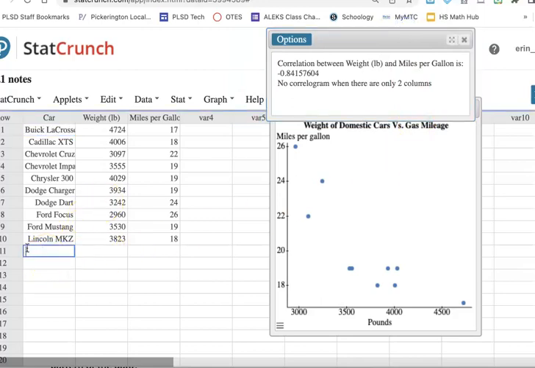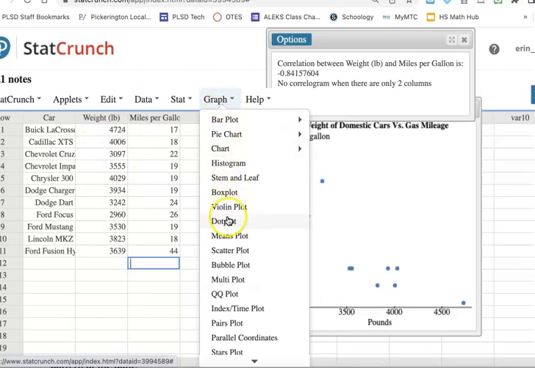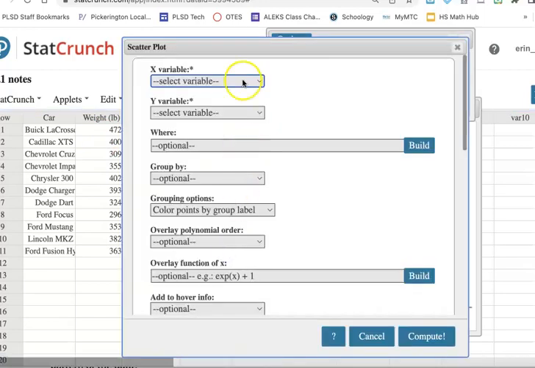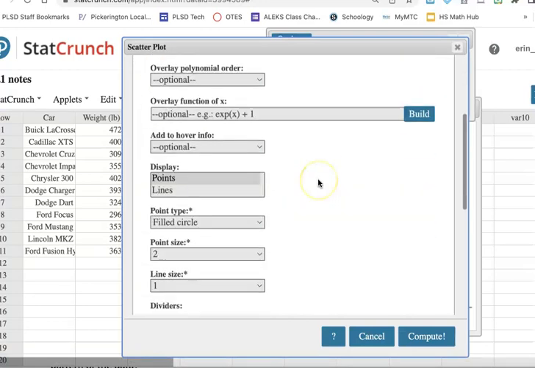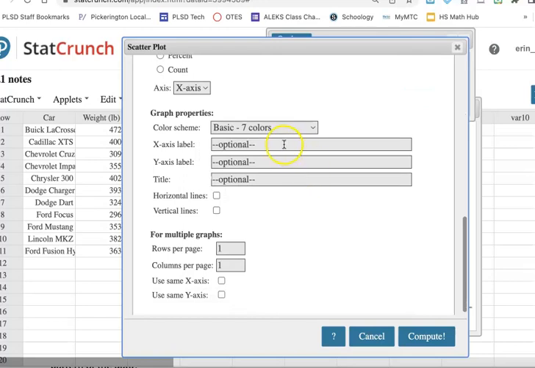So now I am going to type in Ford Fusion hybrid, and its data point is, let's see, what did it say? 3,639 pounds and 44 miles per gallon. So now I go back and I do the exact same thing that I did before. Scatter plot, X variable weight, Y variable miles per gallon.